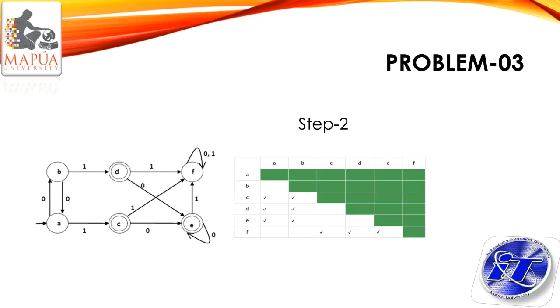And then let's proceed with BF. B, if it's 0, it will go to A. F will just loop with itself. So we have AF, which has already been marked. So therefore, BF will also be marked.